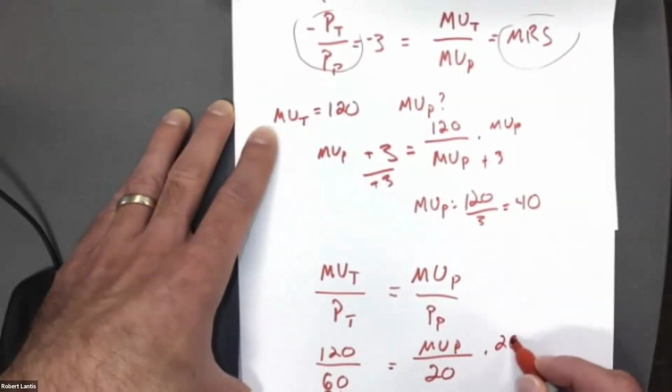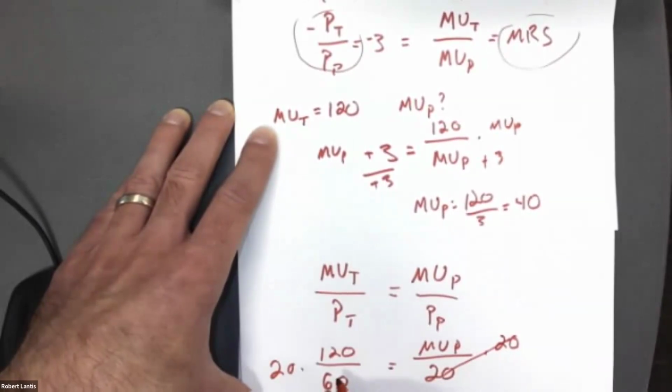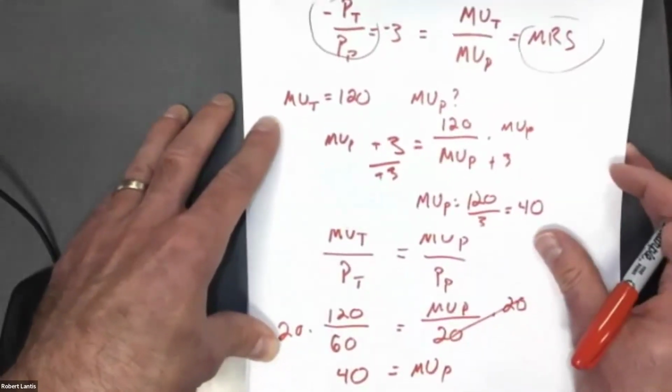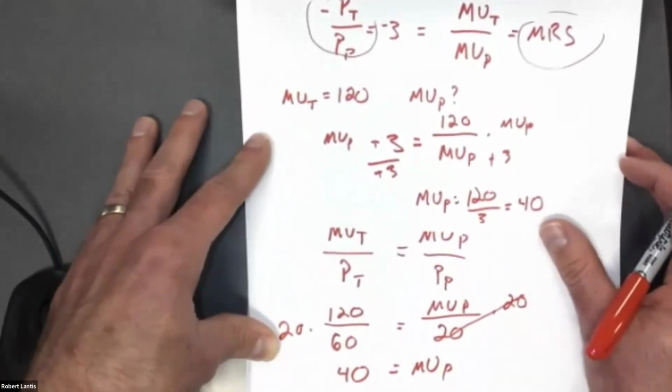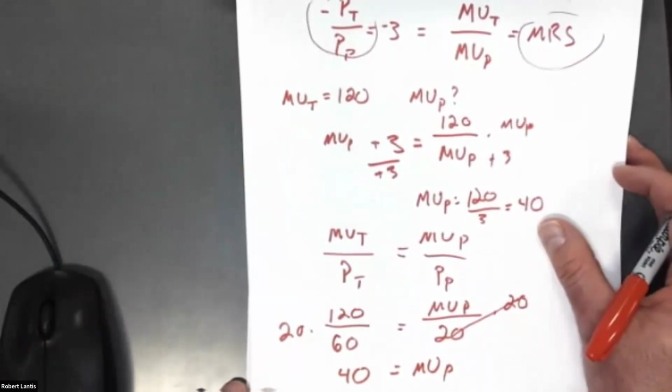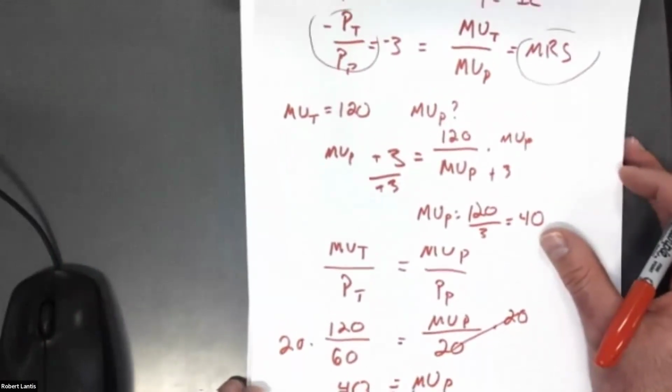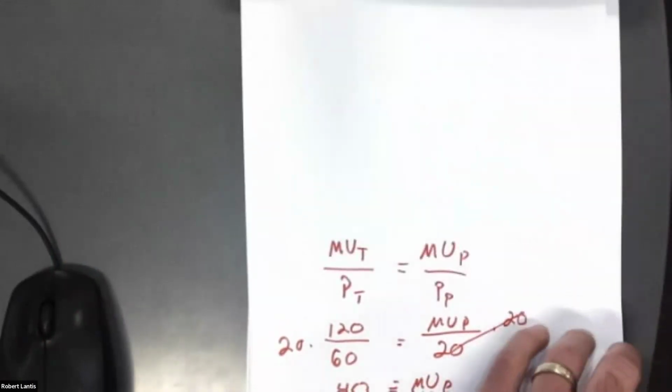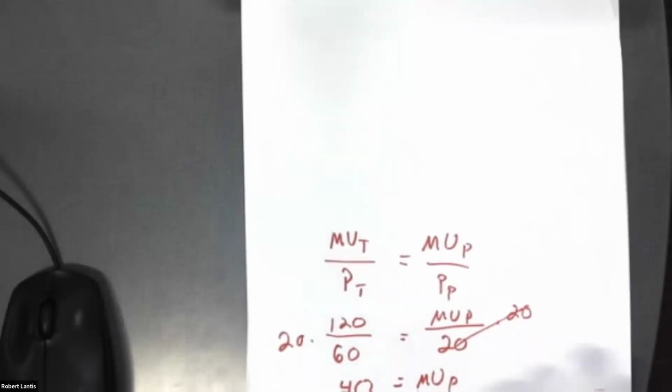Similar idea. It's just a little bit of algebra. I get 2 times 20. And sure enough, I end up finding the same thing, which is that the marginal utility of pizza must be 40. It's just different ways of solving or thinking about the same problem there. We worked through the original one, but also, here's something I could change, something else you could potentially see.